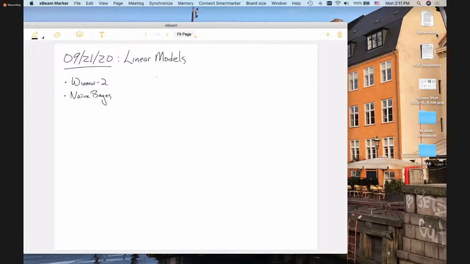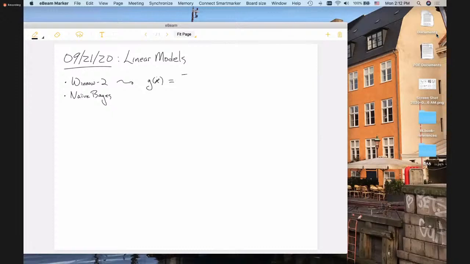But to get us started with this, let's start by looking at Winnow 2 again, where you'll recall that what we did was we defined a function that for now I'm just going to denote g of x.